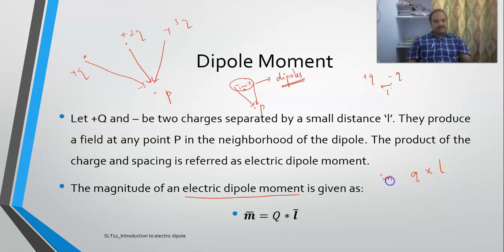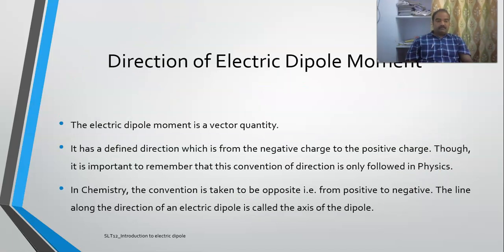Normally dipole moment is considered to be a vector because it will be having a specific direction. So m is equal to q into L. Now coming to the direction of electric dipole moment, as said earlier, it is a vector quantity.